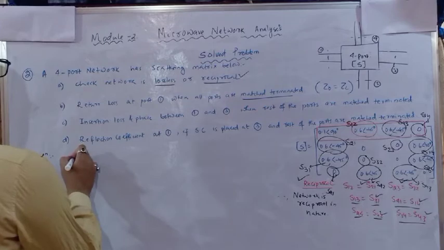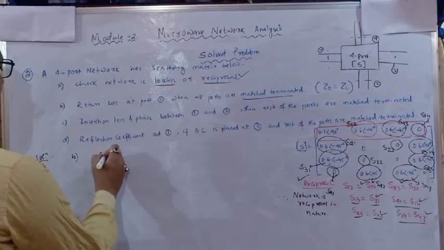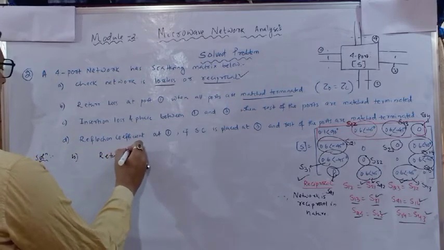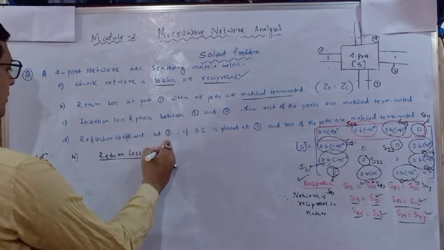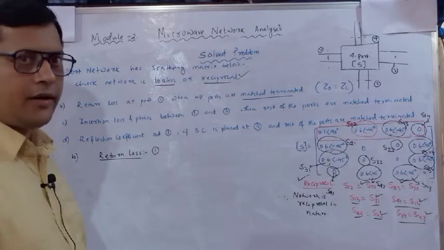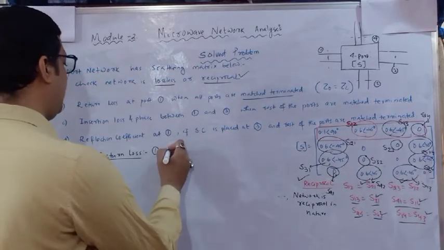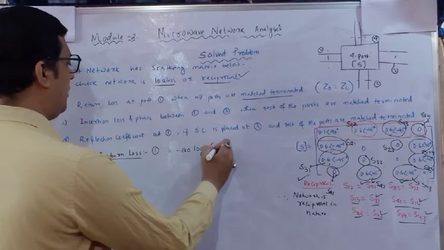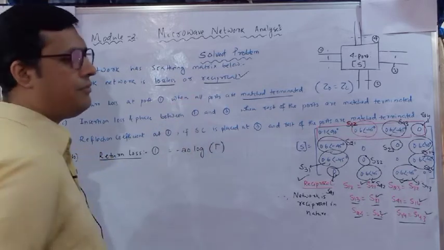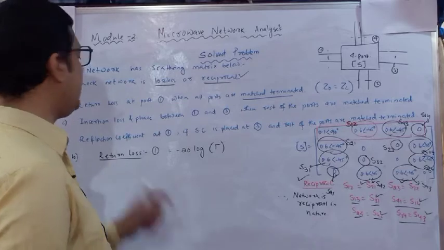Okay, so in B1 you have to identify the return loss, but for port 1. But before that we need to find out the relation. So the return loss relation is minus 20 log of the reflection coefficient. That is called return loss.